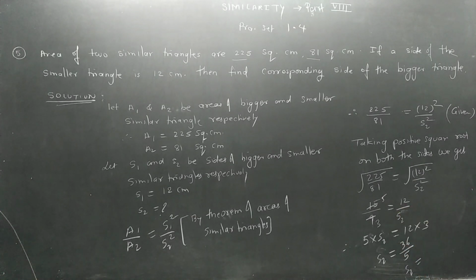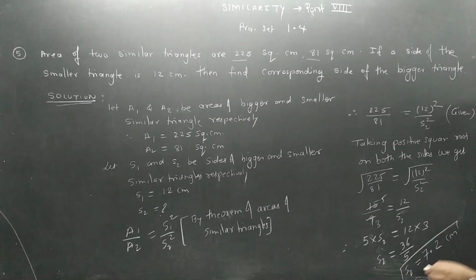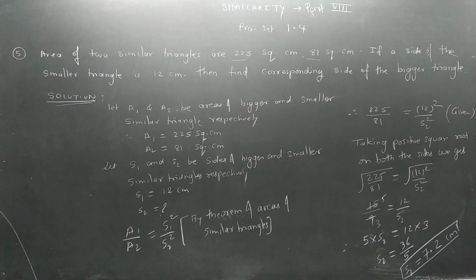So S2 is equal to, 5 sevens are 35, 1 is there, so the point will be there, that will be 5 twos are 10, 7.2 centimeter. This is your final answer. We are going to write length of.